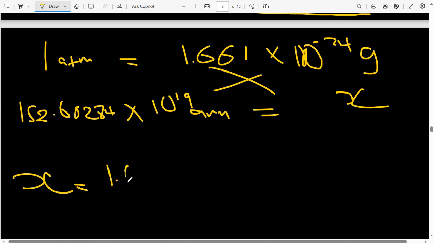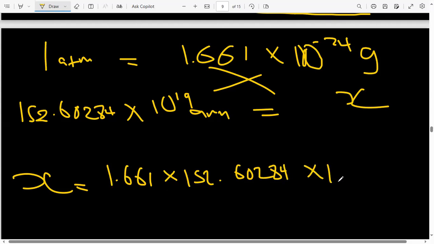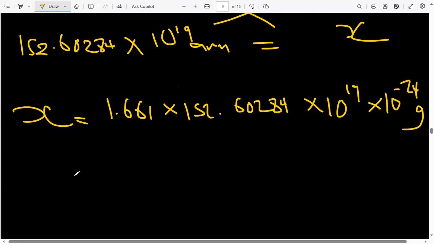So I have 1.661 multiplied by 152.60284, and then I'm multiplying by 10 to the power 19, and then multiplied by 10 to the power minus 24. The answer you get here will be grams. So let's simplify this.